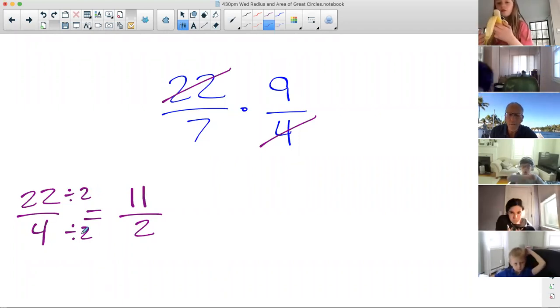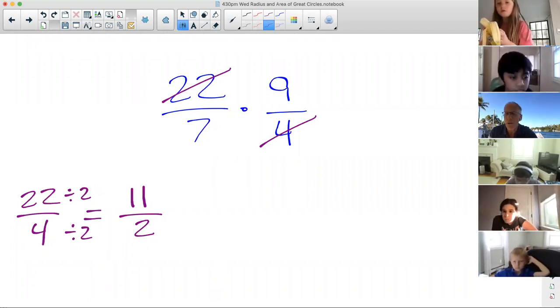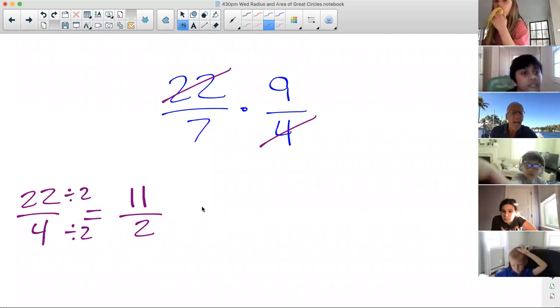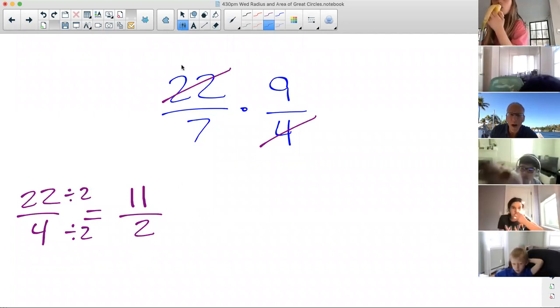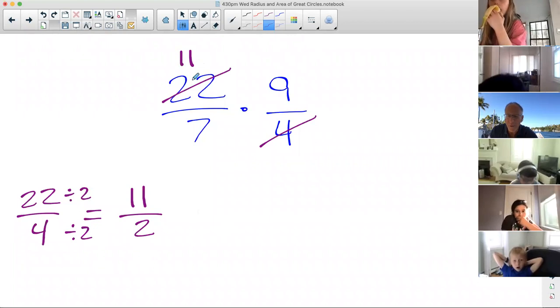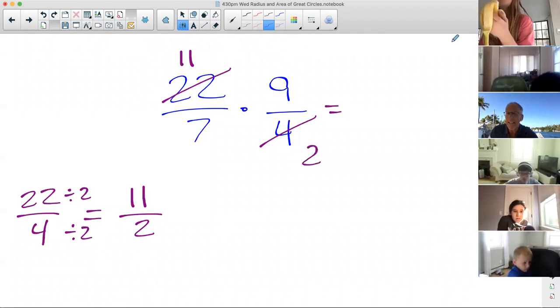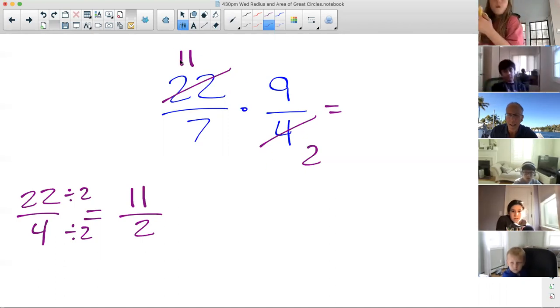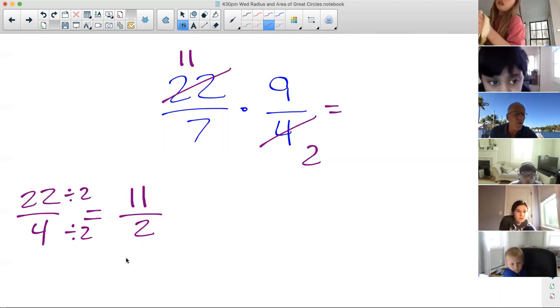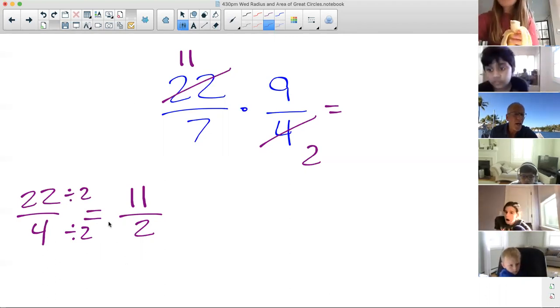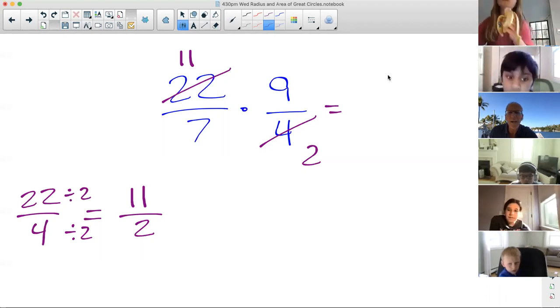And isn't 4 divided by 2 2? Yes. And so therefore we can write an 11 above the 22, a 2 below the 4, and let's multiply 11 times 9. Everybody say it on 3. 1, 2, 3, go. 99.